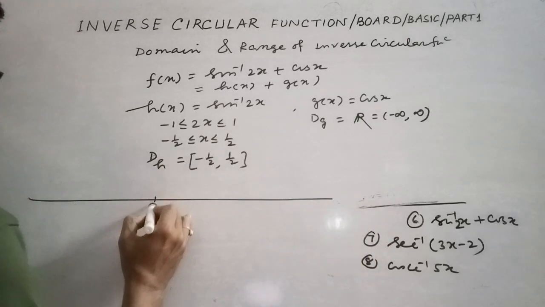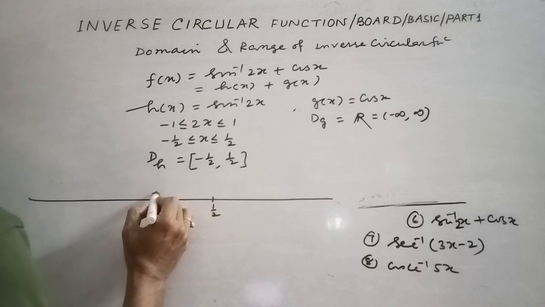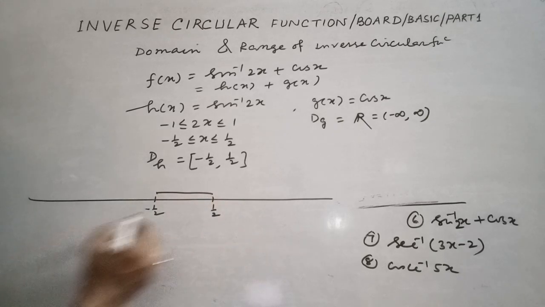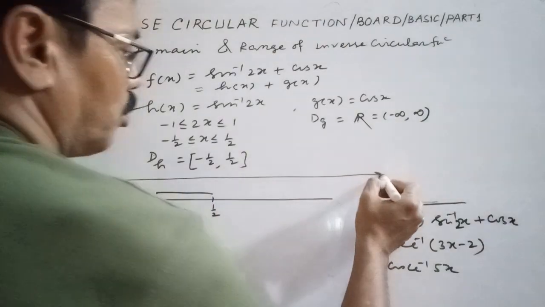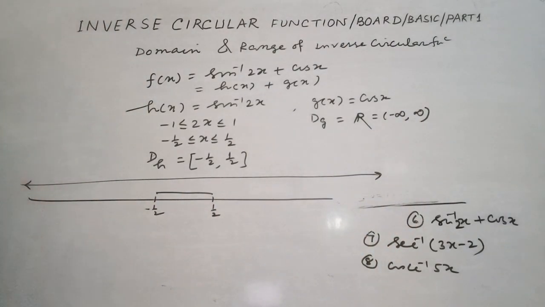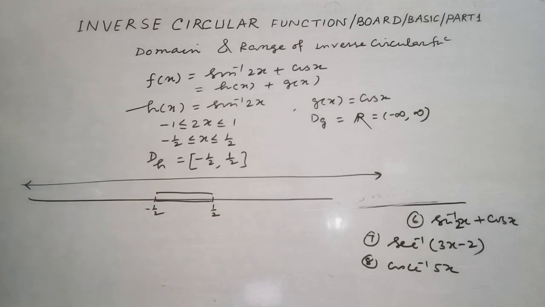Look, this is minus half, this is plus half, so that is the domain of h. And the domain of g is minus infinity to plus infinity throughout the interval. Now what is the common part? The common part is minus half to plus half.